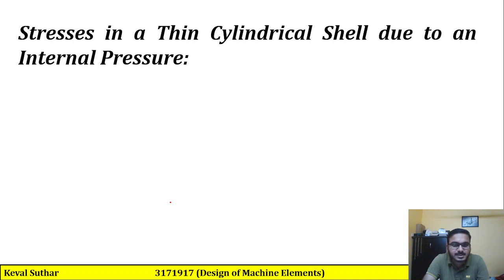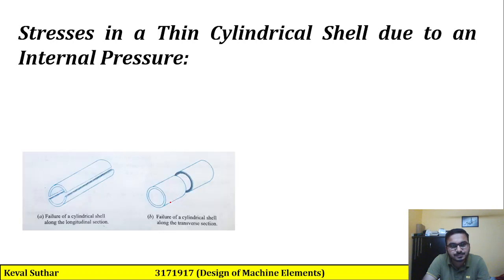Now let us discuss the stresses in a thin cylindrical shell due to an internal pressure. So here I hope it is visible to all of you that there are two kinds of failures that we are going to discuss here.